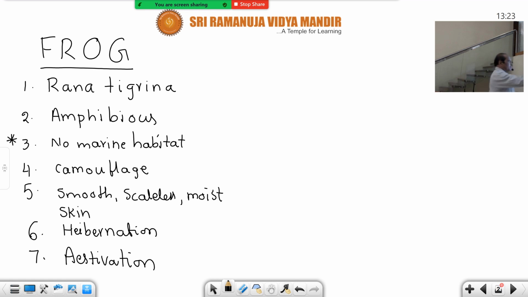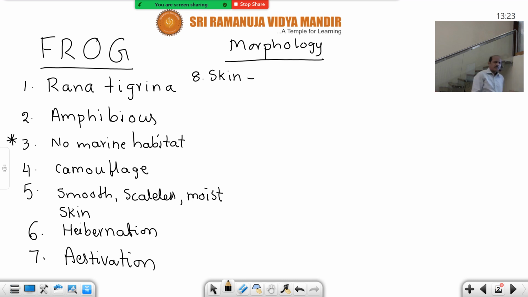And then morphology. Before morphology, let us take the skin of the frog. As far as the skin of the frog is concerned, we have already mentioned these points: smooth, scaleless and moist skin. And it is a chief respiratory organ also.